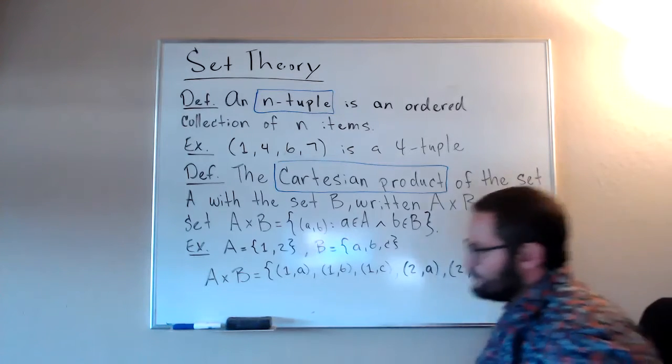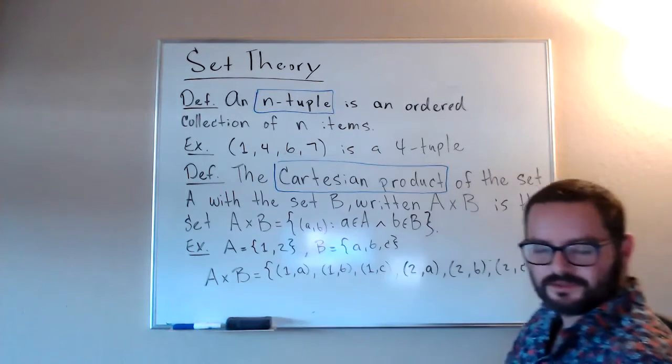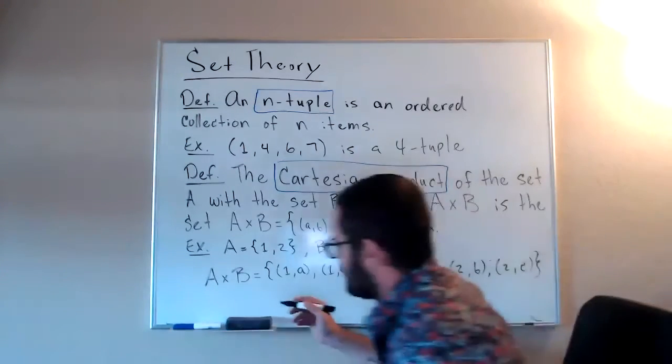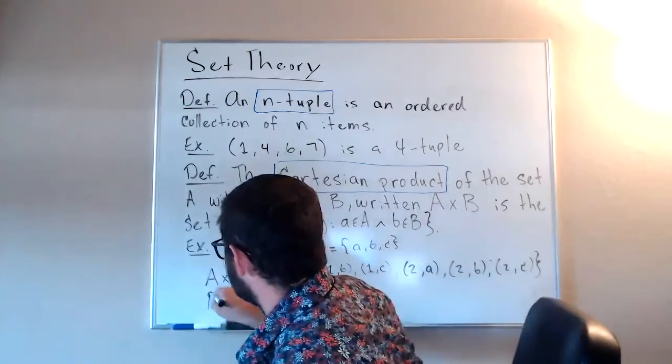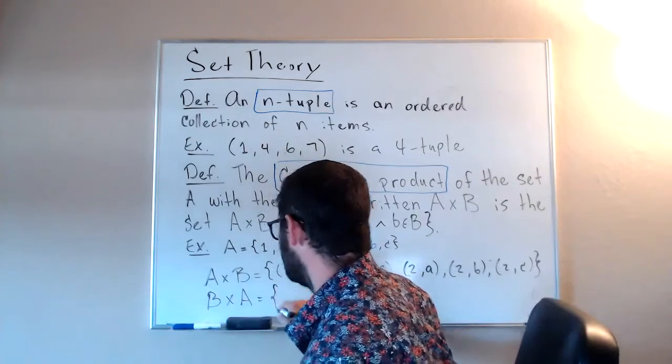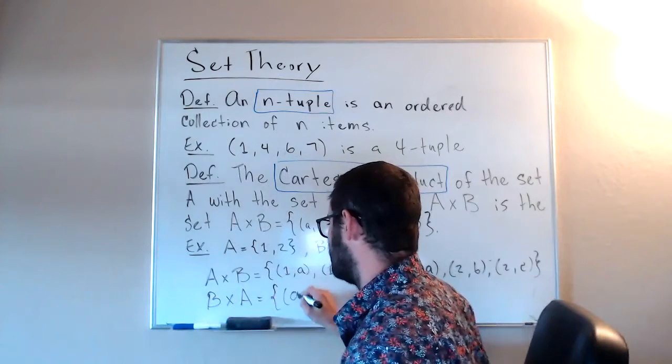Now here, it's important to note that order matters, because if we look at the Cartesian product of B with A, then we're going to have a completely different set.